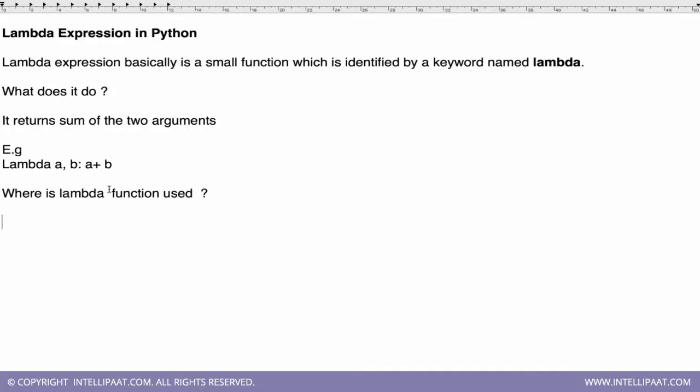For example, define fib of n. Here, n is the object of function fib. So, where is lambda used? It is used wherever the function object is called or required.